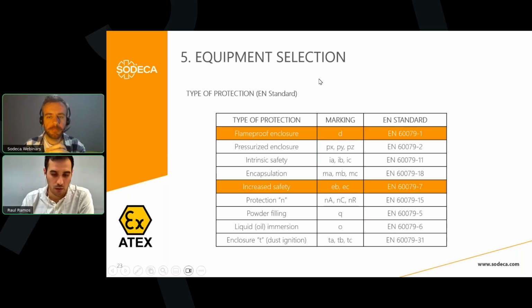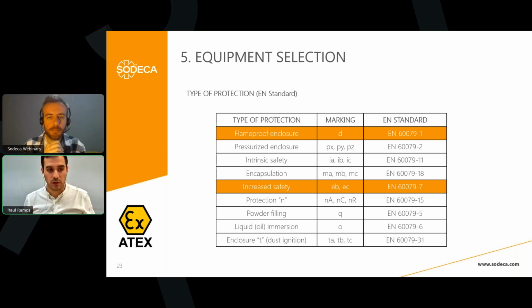And all these protections have their own marking with different letters you can see, P, D, B, I, M, and their own part of the standard. For our case, for standard SODECA ATEX fans, for gases we use flame-proof enclosure, the marking D, and increased safety, the marking E, which are, what are they?